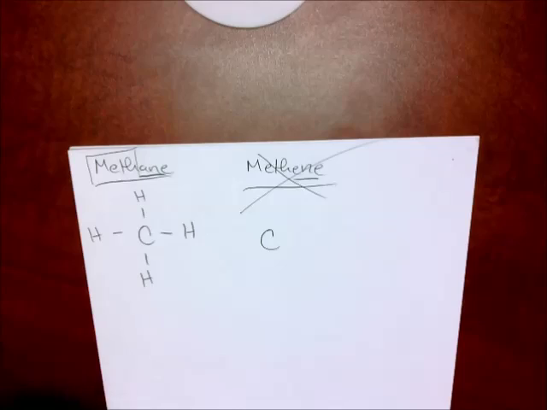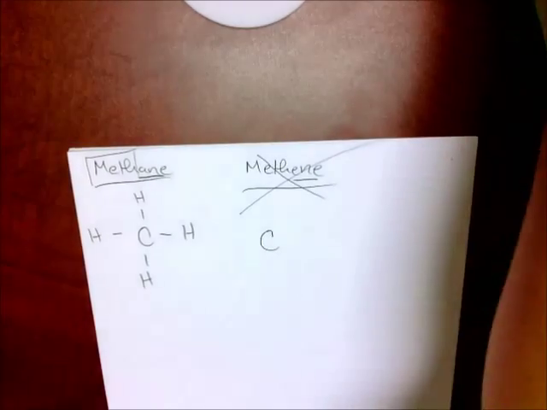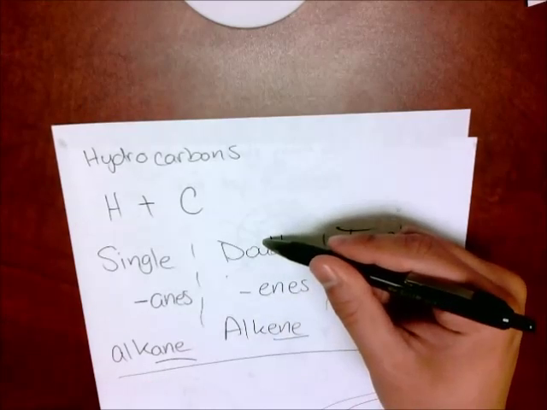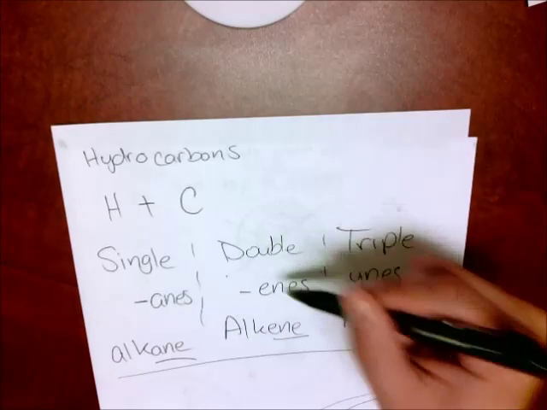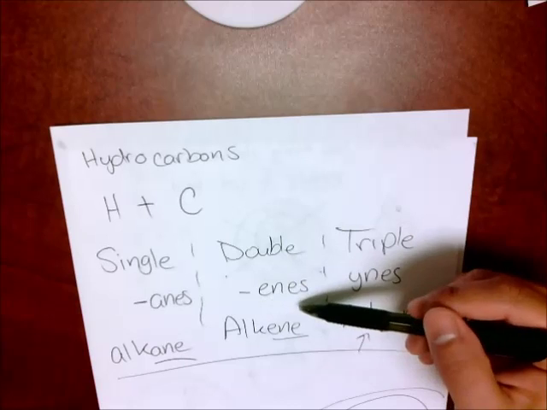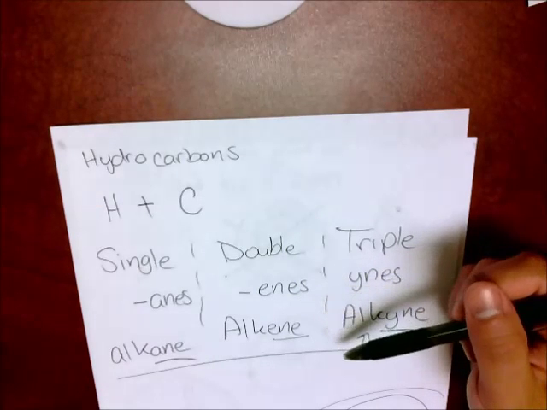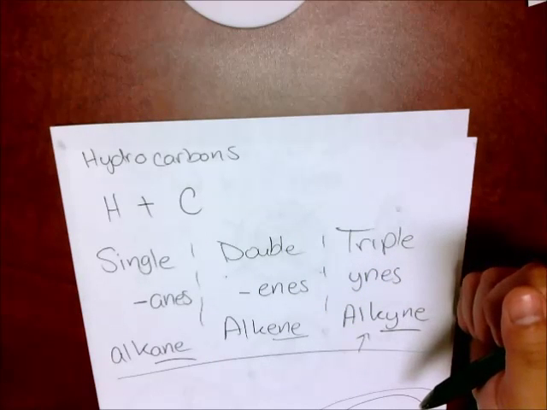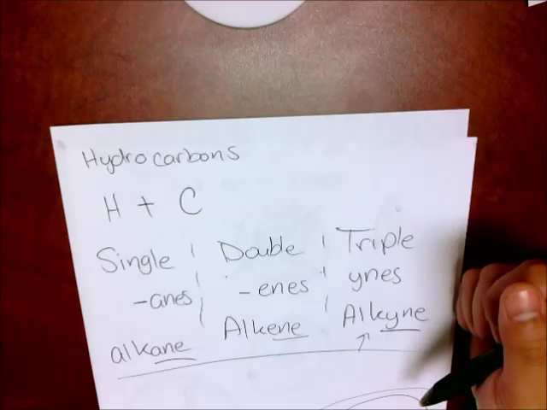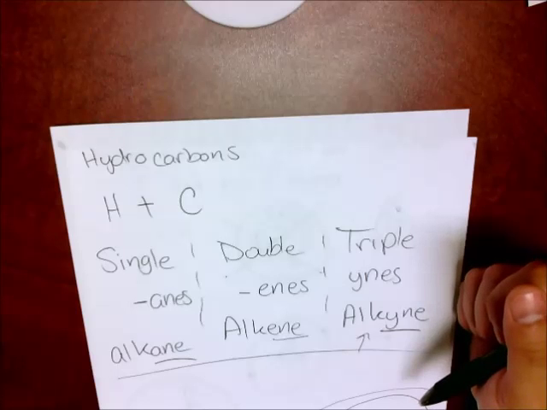Just remember that that E-N-E ending means that you have a double bond in your carbon. So we're going to look at the one that has two little bars attached to it. That is going to be your ethene. And then your cyclopentane. First off, cyclo means a circle, so you can probably guess which one looks like it's connected in a circle.